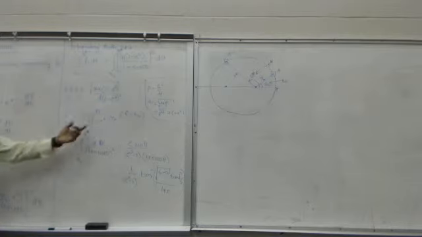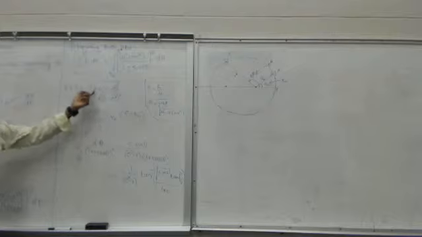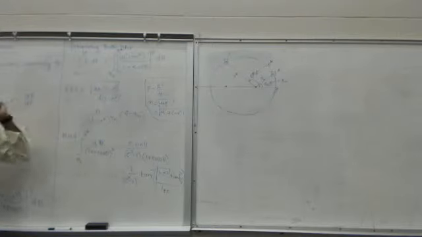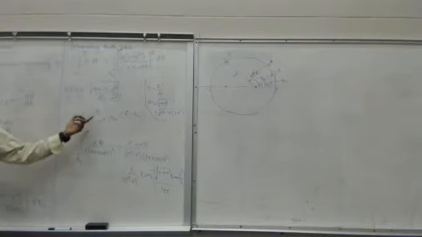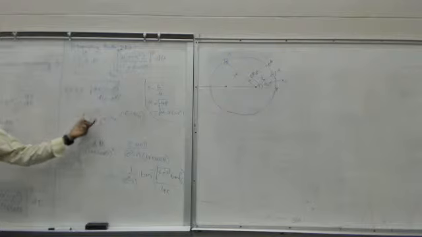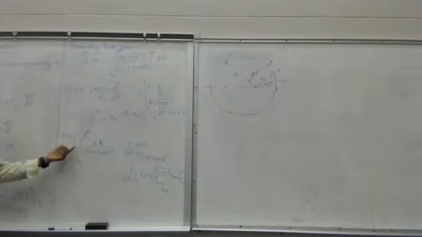Okay. And mu over A cubed into 1 minus E square is actually something called mean motion. Okay. I'll tell you what mean motion is in just a minute.